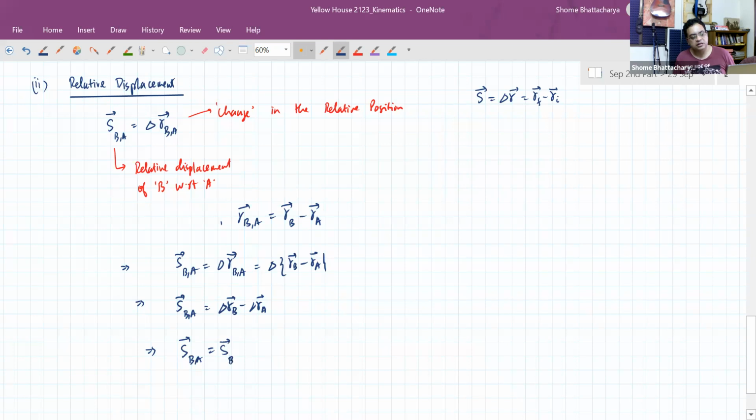Similarly, delta RA is nothing but the displacement of A in the ground frame. So the relative displacement as a vector definition becomes the displacement of B minus the displacement of A.